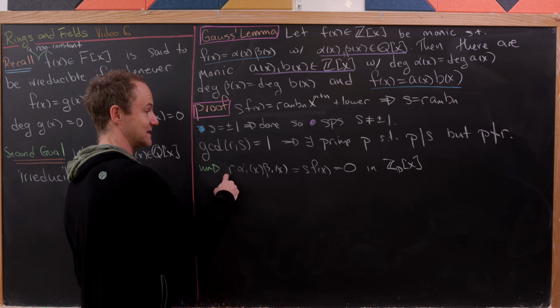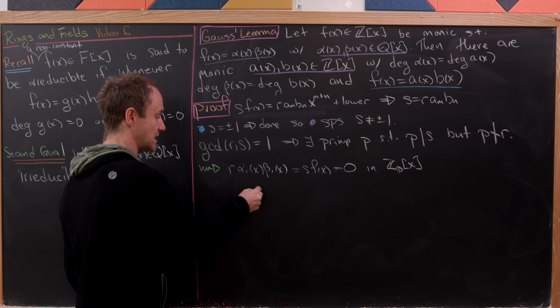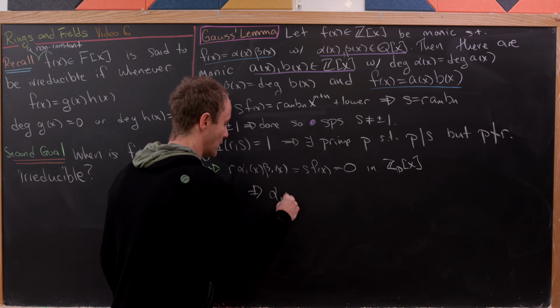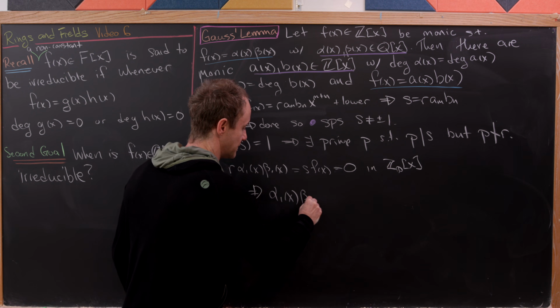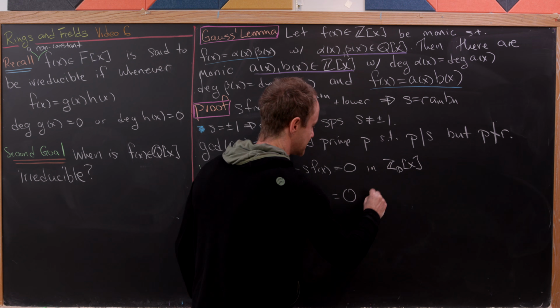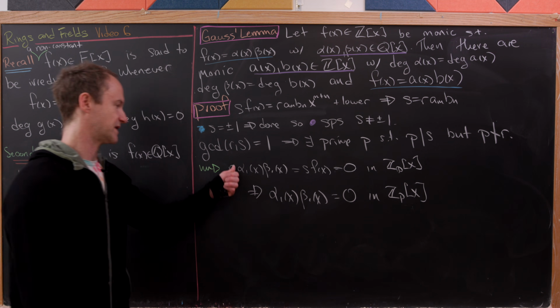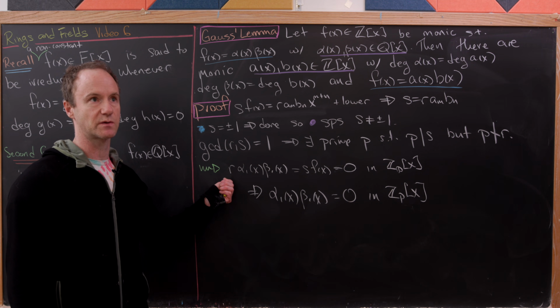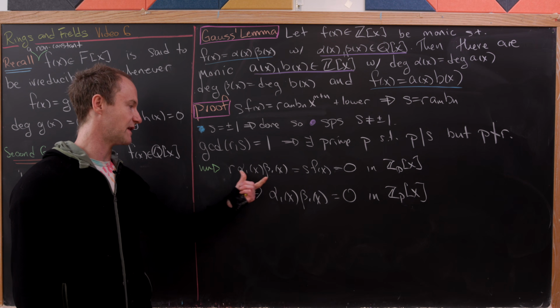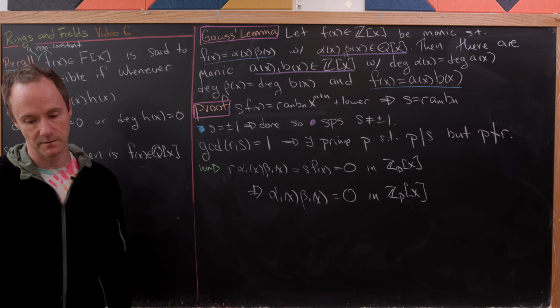Nice. But notice we've got r times alpha 1 times beta 1 is 0 in Z_p. r is not 0, which means that alpha 1 times beta 1 of x is 0 in Z_p adjoin x, because this is non-zero, and since we're in an integral domain, the other part has to be 0.